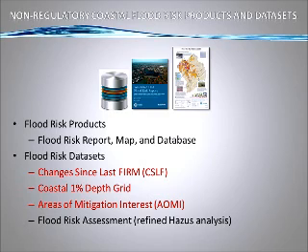So all these new products are tools for locals to actually use for your own benefit, for your hazard mitigation plans, conveying information to the public in your communities. In addition to all this, you can get a flood risk assessment, which is a refined HAZUS analysis.